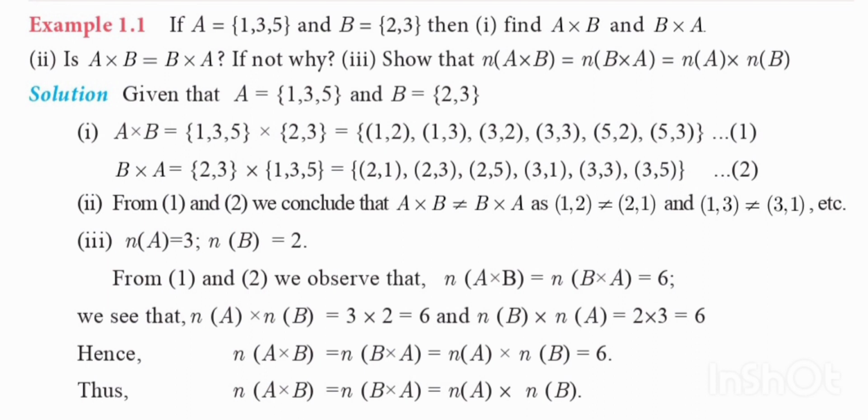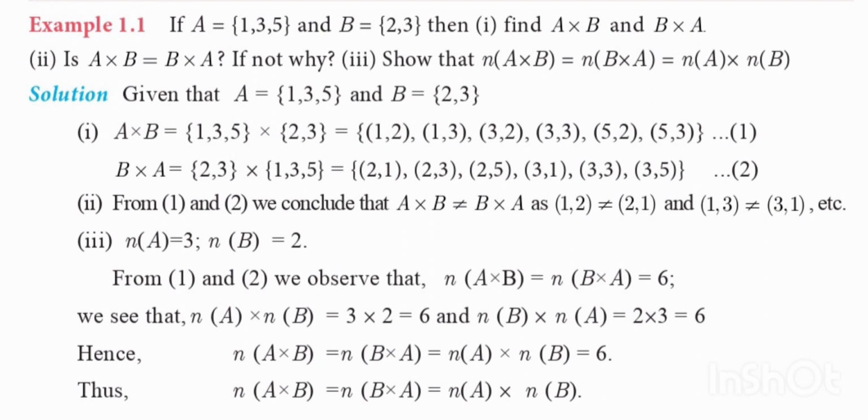So we can conclude this point is enough to prove that the Cartesian products A cross B and B cross A are not equal. If one element in A cross B is not an element of B cross A, then automatically we can conclude that A cross B is not equal to B cross A.